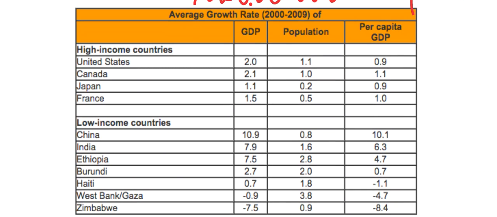This table is talking about the average growth rate of GDP, population, and per capita GDP. You see those numbers, for instance, 2 for America's GDP, 1.1 for population, 0.9 for GDP per capita. Keep in mind, they are all just growth rates, not the values. The question here is related to what we learned in the lecture about per capita GDP.